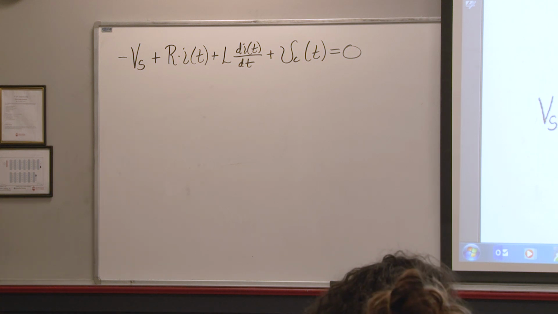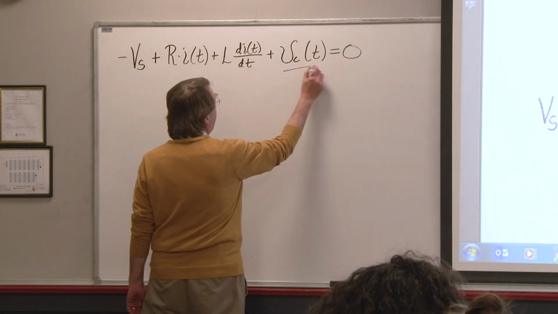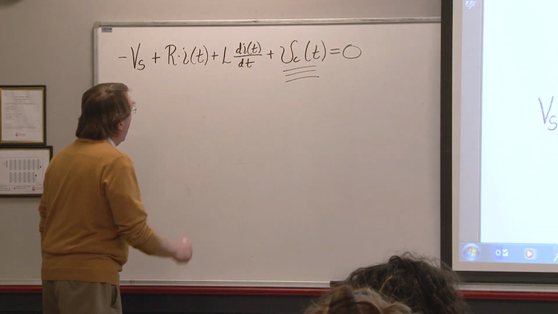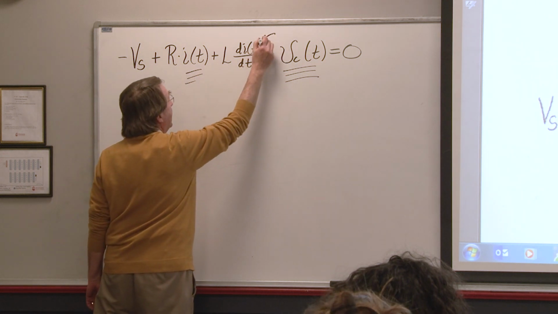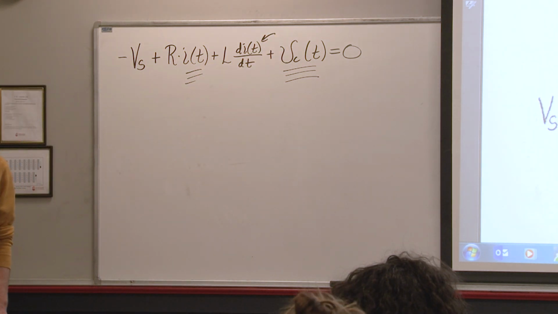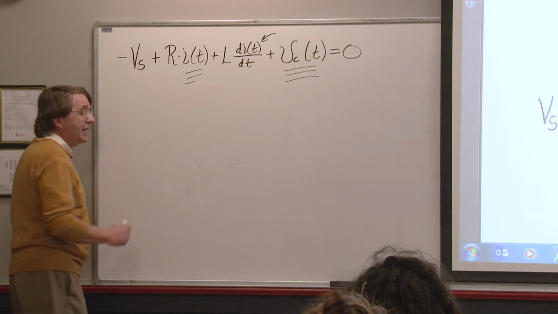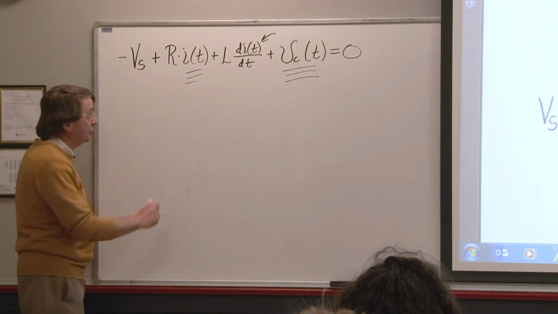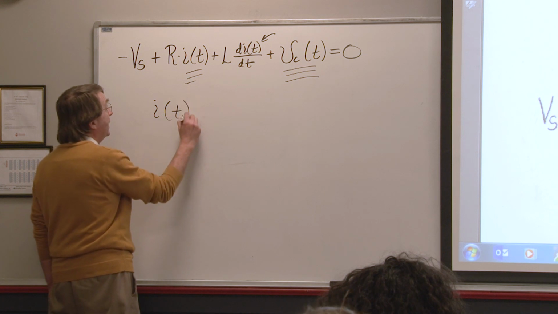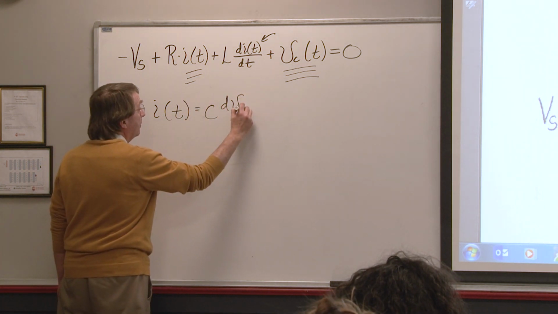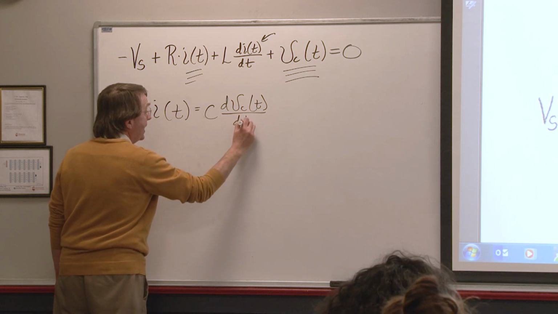However, I'm asked to find the equation for V sub C of t. I notice I have I of t, which I don't want. What do I do to get rid of I of t? Excellent. We do a substitution of variables. I of t equals C dv dt.